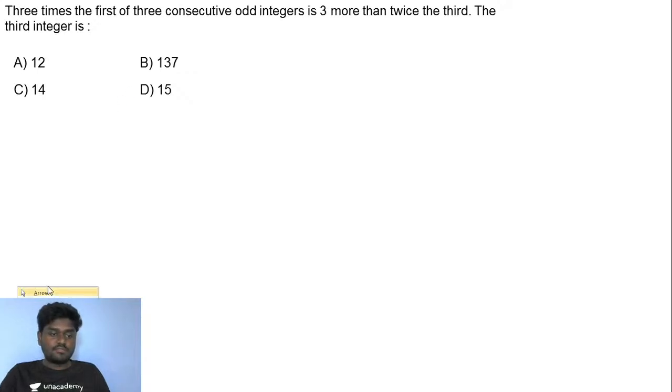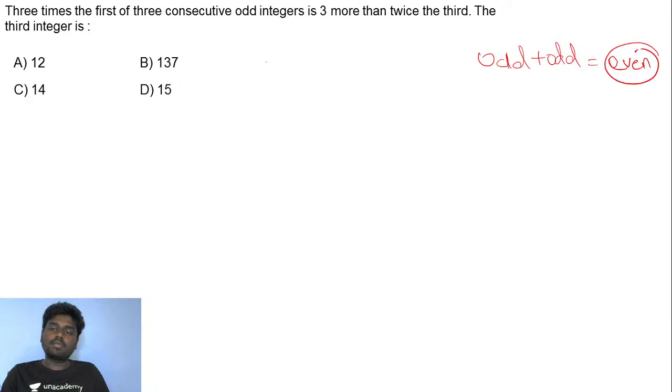3 times the first of 3 consecutive odd integers. So let me take the 3 consecutive odd integers. First of all, listen very carefully. If a number wants to be odd, let's say if you try to add 2 odd numbers, you will not get an odd, it's going to be even.